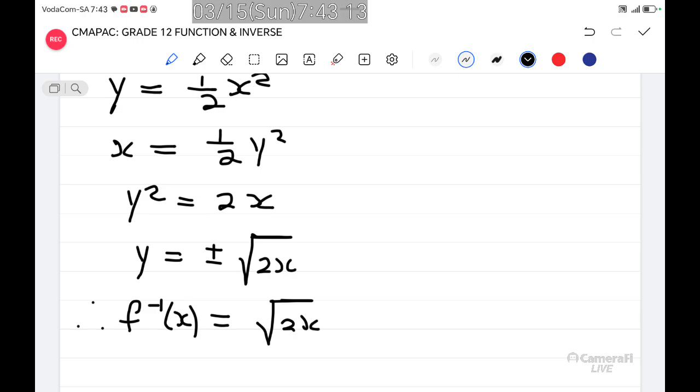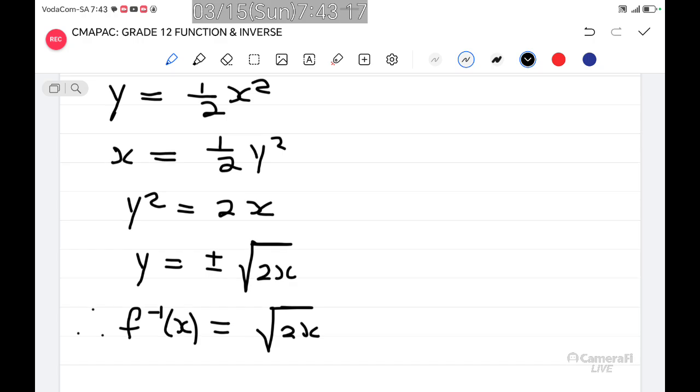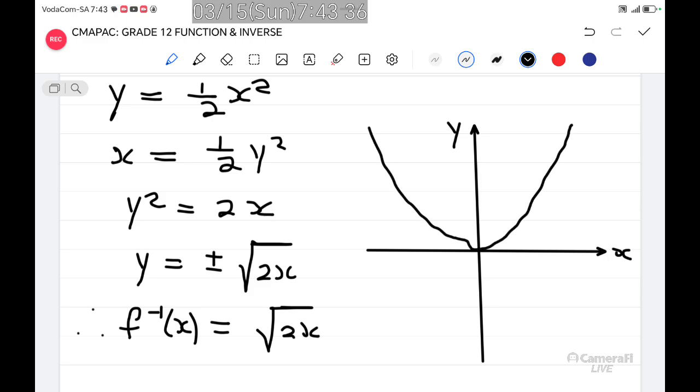So let's draw the function, the original and the inverse, and you will see what I'm talking about. So here we have x, here we have y. Normally the function is supposed to go like this because it's a happy function, but we have an issue.